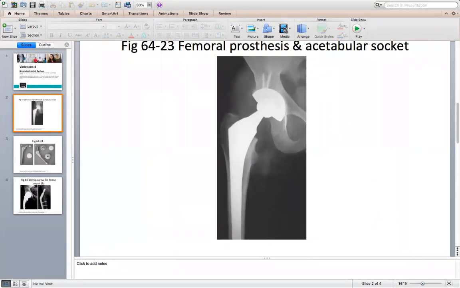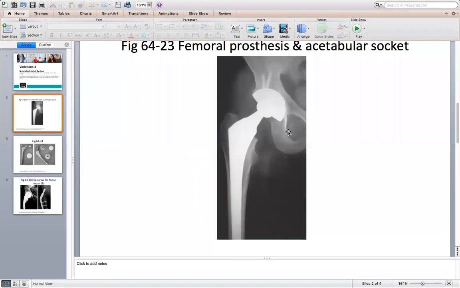So what you see here, never mind the fact that we're looking at a prosthetic here, let's just talk about this in general. This is obviously the femur here. This is obviously the hips, the pelvis, and this is your hip joint. So this area here is called the intracapsular area.